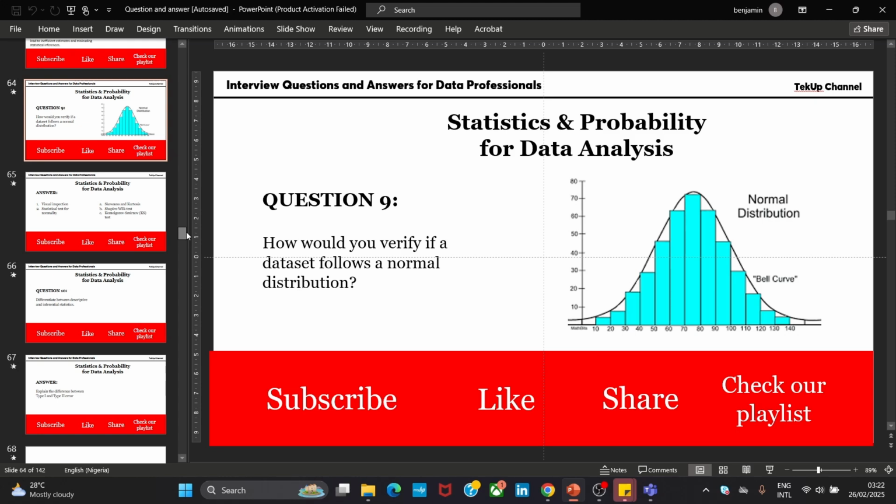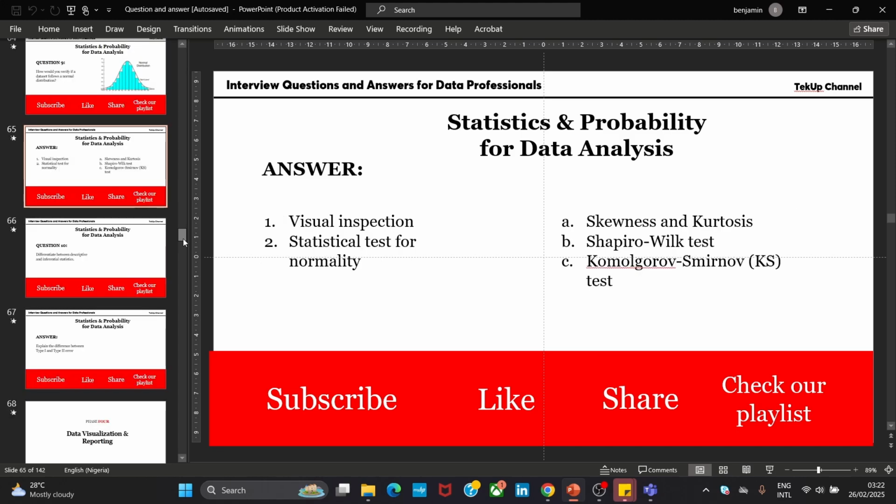We can also use statistical methods or statistical tests to verify if our data set follows a normal distribution. Now let's check the answer. Answer: visual inspection, statistical tests for normality. Now, we have various statistical tests we can perform to determine if our data set follows a normal distribution.